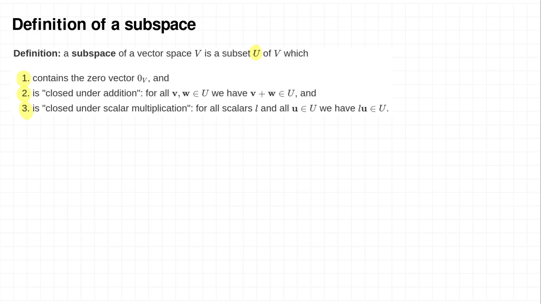We write U is less than or equal to V like this to mean that U is a subspace of V.